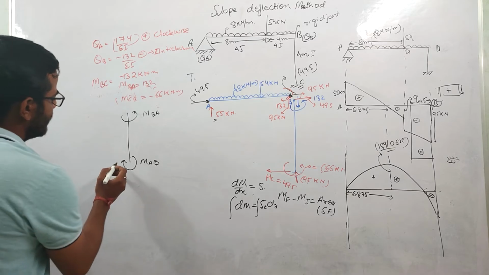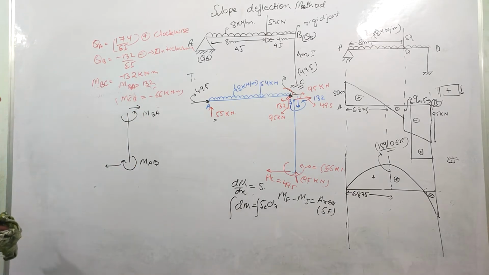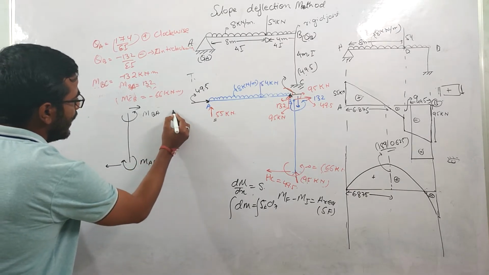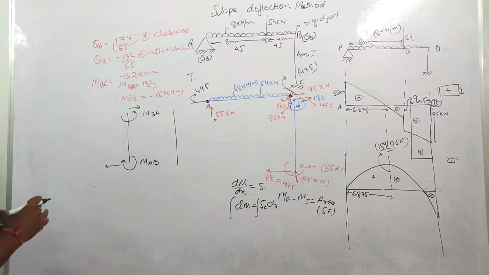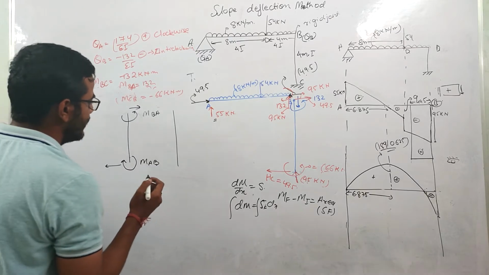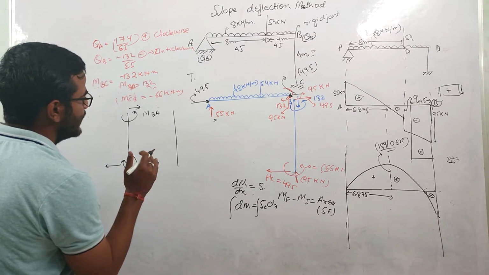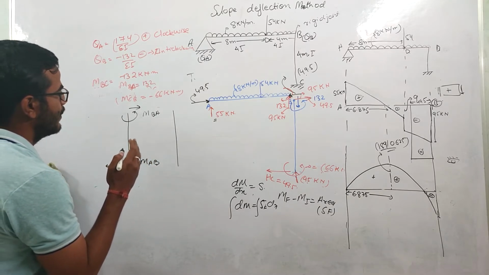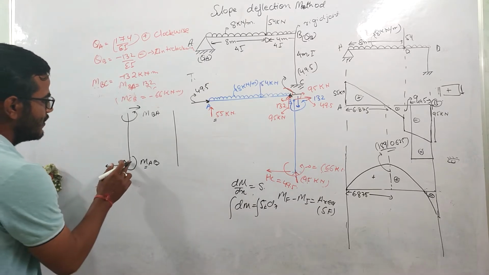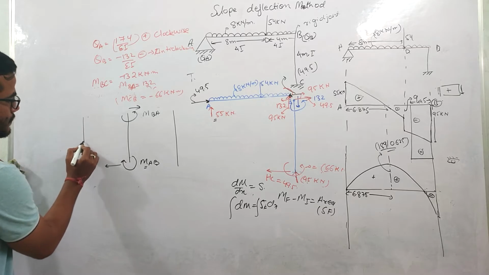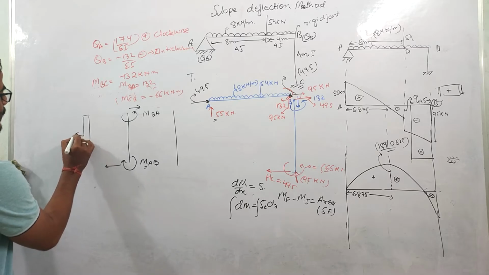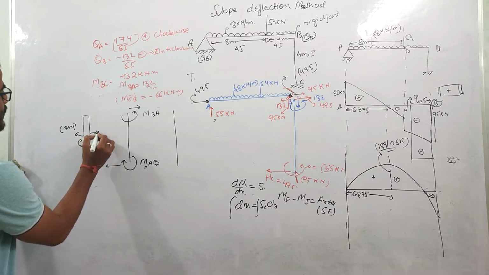If I want to draw this, I am assuming that the bending moment ordinate is drawn on the compression side. This moment is producing compression on this face and tension on this face.